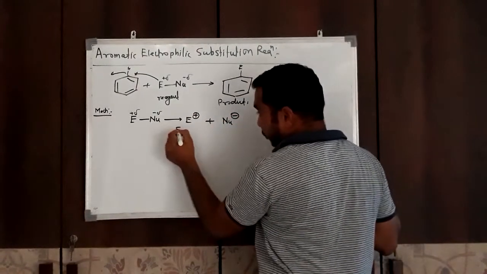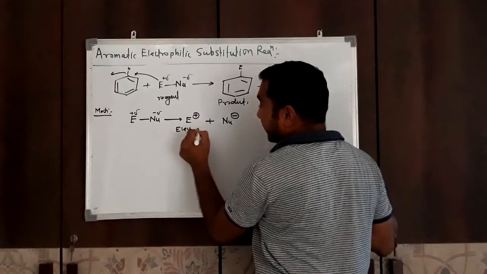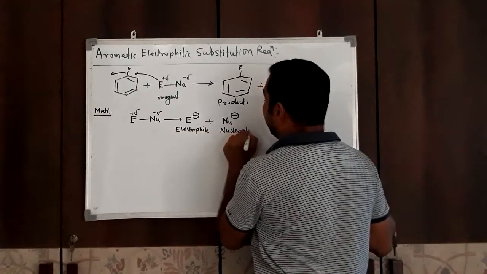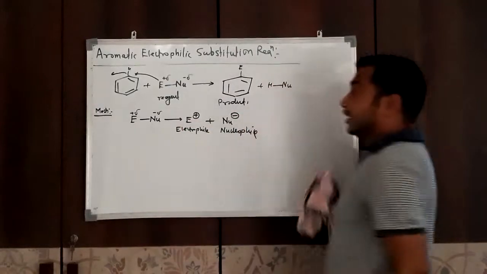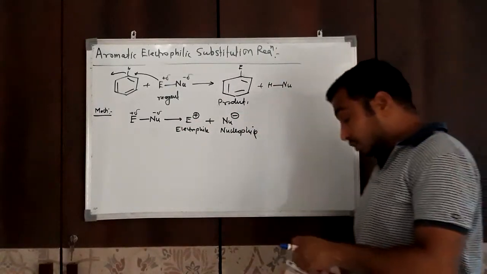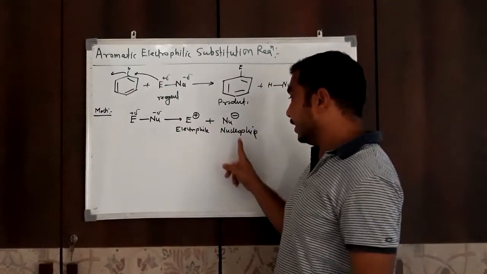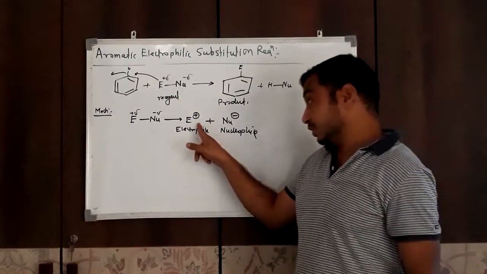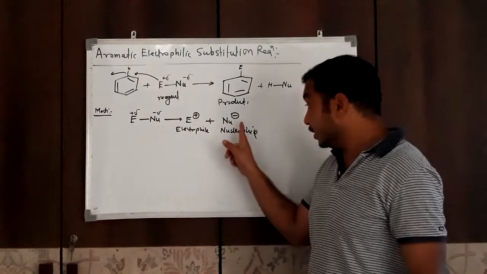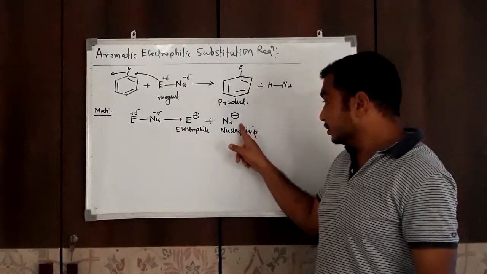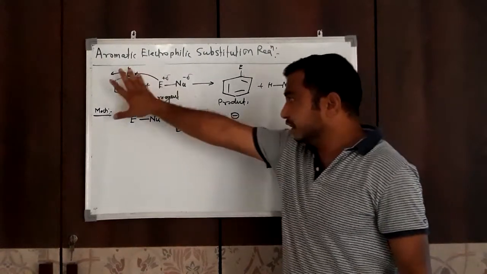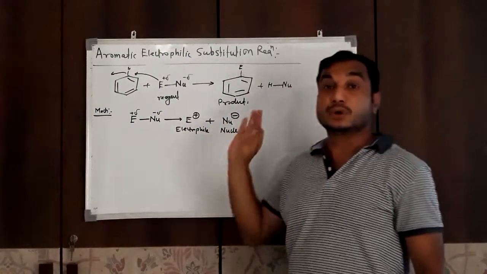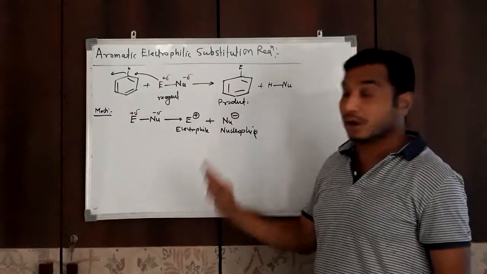E plus is the electrophile, and Nu is the nucleophile, the negative part of the reagent. Among these two, which attacks the benzene ring? That is E plus, not Nu minus, because the benzene ring is already negative. Therefore the positive part of the reagent will attack the aromatic ring or benzene.